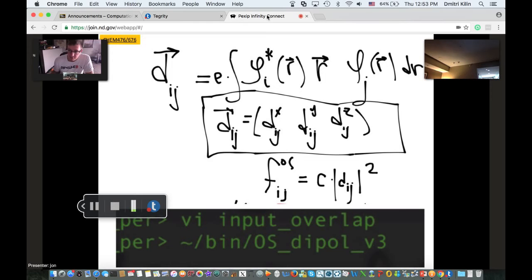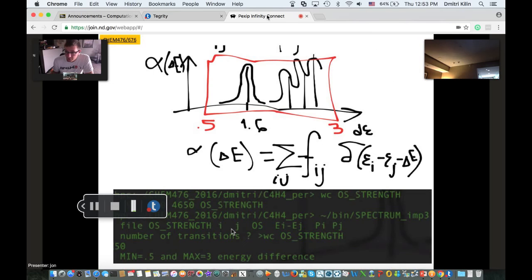In generating the transition dipole, the command is there, the bin OS dipole version 3. And then by running the spectrum code and answering the questions, you produce more or less vertical line absorption values, but then that are broadened into an absorption spectra.